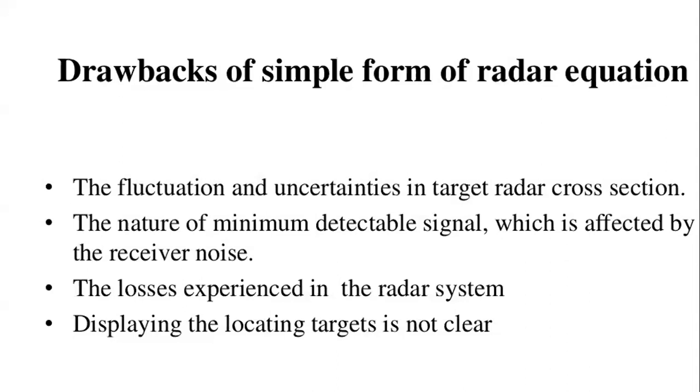If that PRF doesn't match, or the echo signal comes after sending the second pulse, that also can lead to noise, and that will give us wrong information about the radar. This mostly happens only with the weather conditions.